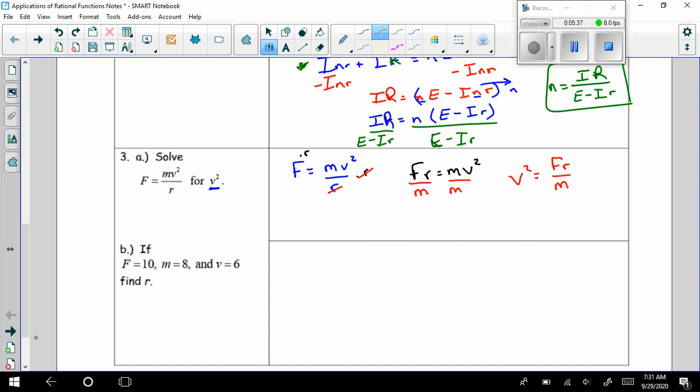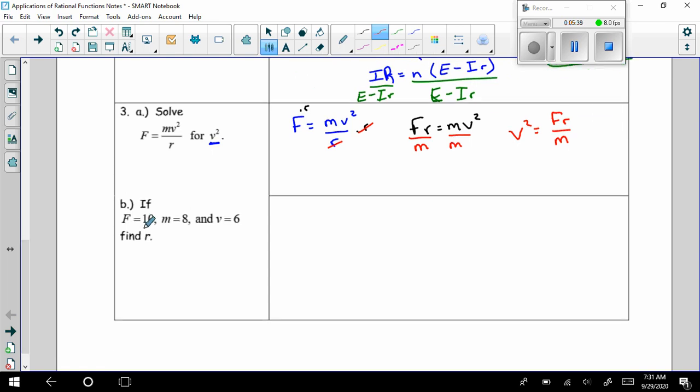All right, so the second part of this problem says if capital F is equal to 10, M is 8, V is 6, find R. And so we have 6 squared is equal to 10 R divided by 8.